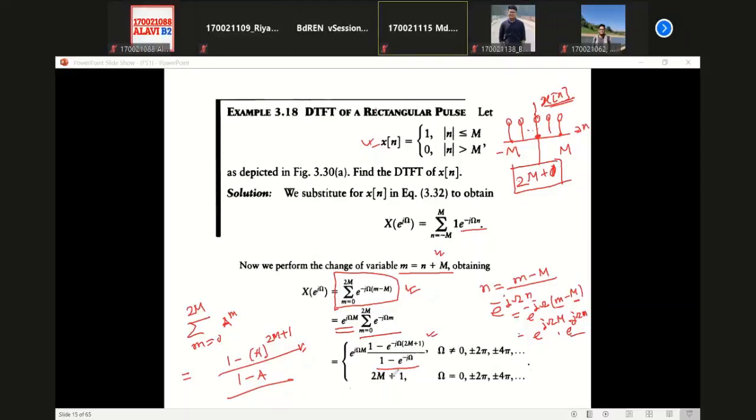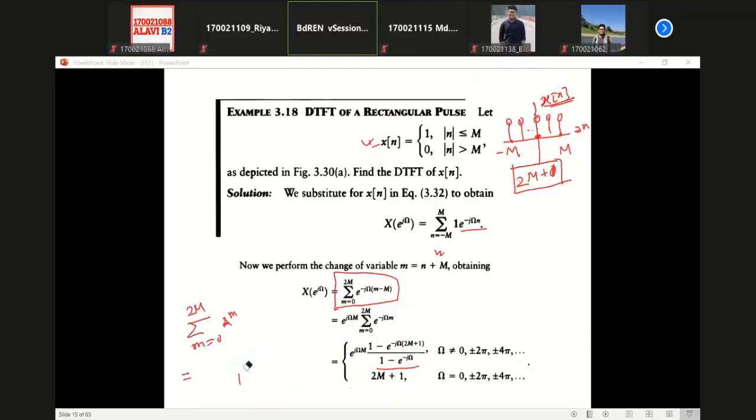Here you see, we have seen this type of equation earlier in the case of Fourier series also: 1 minus e to the power minus j omega (twice M plus 1). Can we write this in this way, as a product of two exponentials?